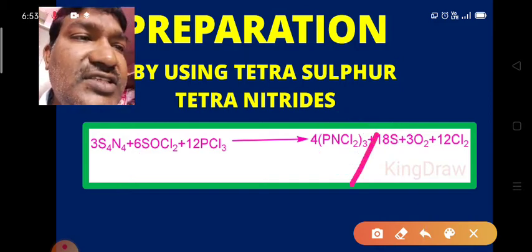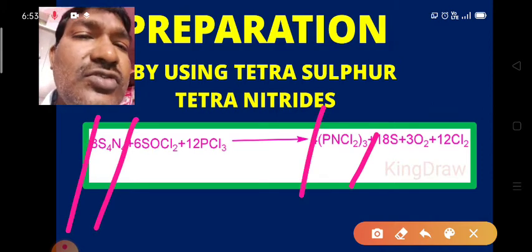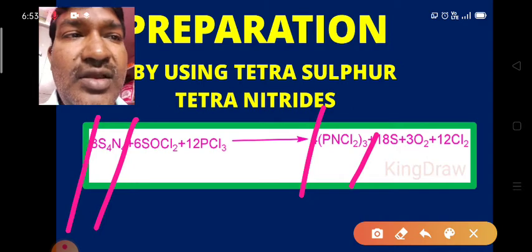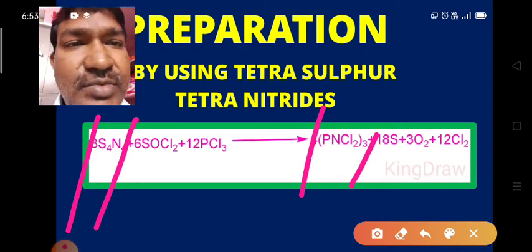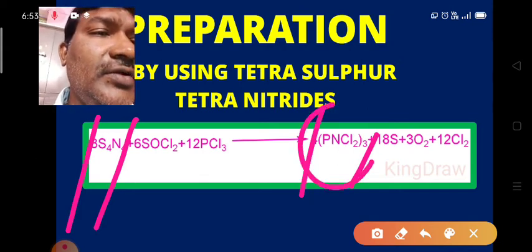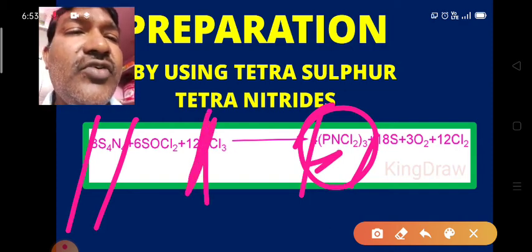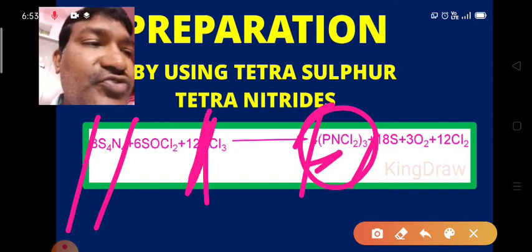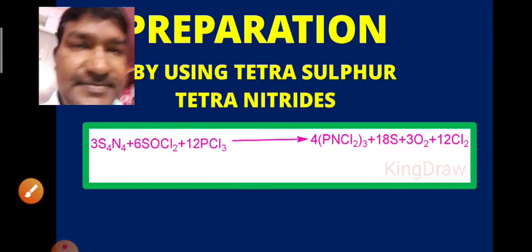We take this 3 and write it here, and take this 4 and write it here. So the number of nitrogen atoms becomes 12 on both sides. The remaining things will be balanced very easily. On the product side we have 12 phosphorus atoms, so we write 12 PCl3. Like that we can easily balance this reaction.